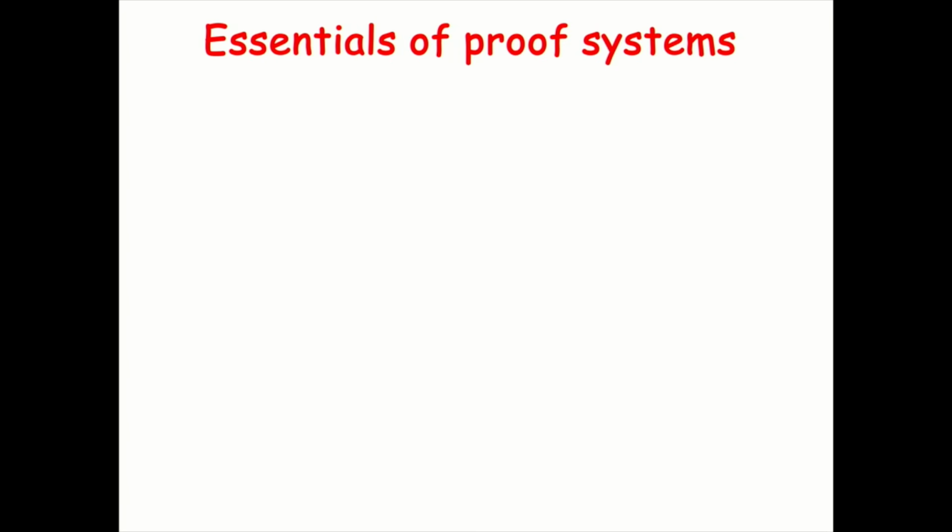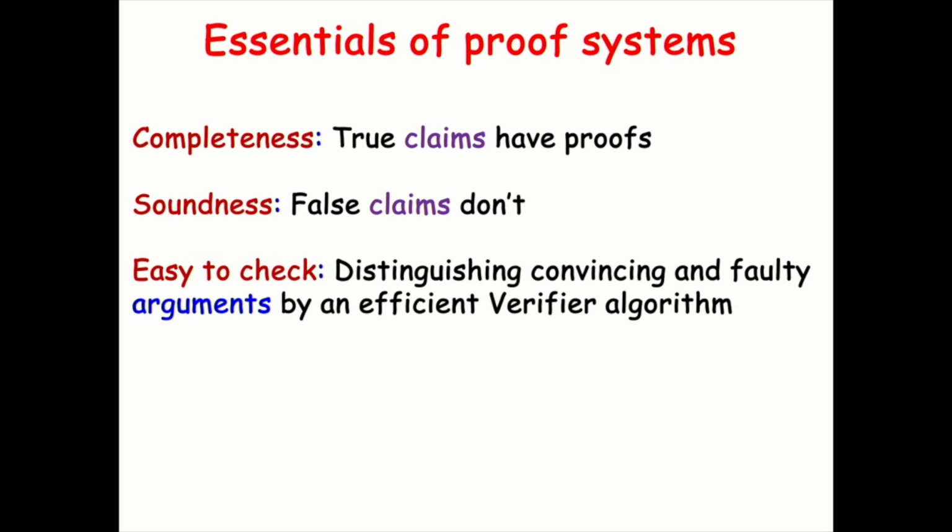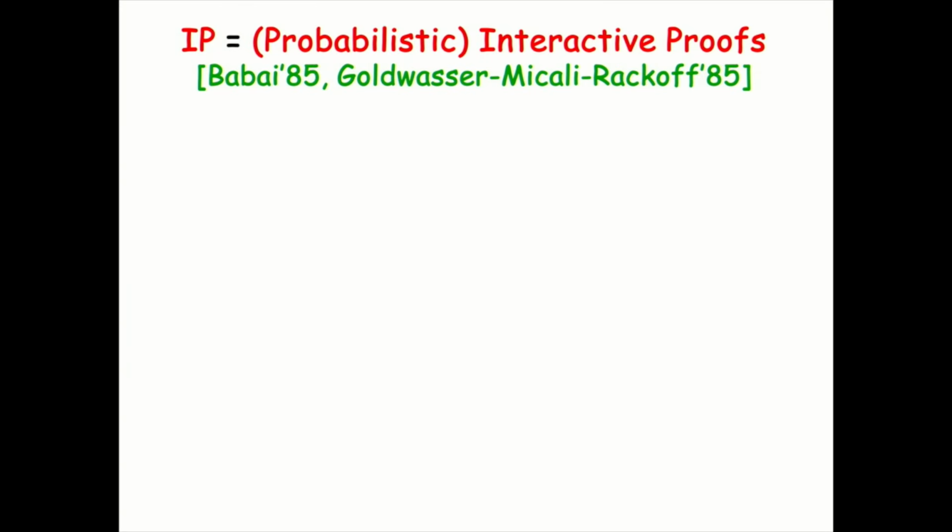Math is full of proof systems, but they all have the following common features. True claims should have proofs, false claims should not, and equally important, verification of proofs or candidate proofs should be efficient. If it was not, then this proof system is useless, if we cannot verify proofs that are given to us. And this can be, let's say, polynomial time.